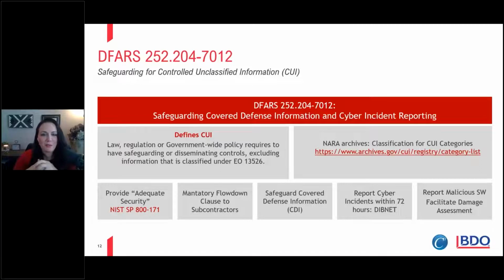If you said, wait, covered defense information does not sound like controlled unclassified information, it's really where they started, really to protect defense information that they considered covered or controlled, and to really wrangle all the marking that we had, and we'll go over what some of the legacy marking is, and put them under one umbrella marking that was a catch-all for sensitive data types.